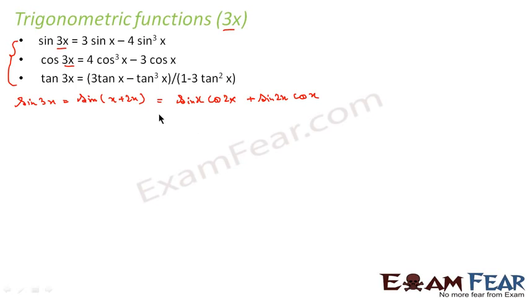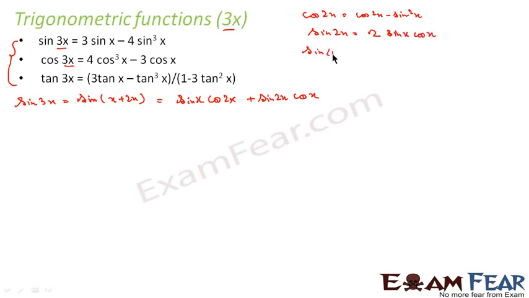Now we already know that cos of 2x is equal to cos square x minus sine square x, and sine of 2x is equal to 2 sine x cos x. This we have proved just now.